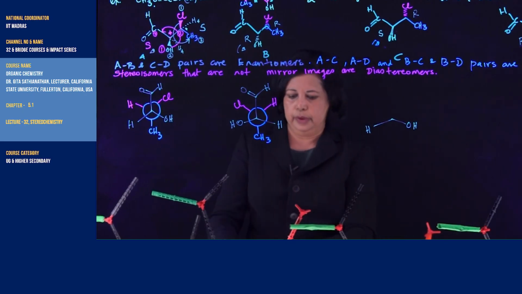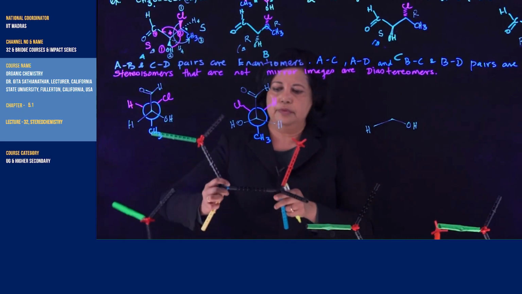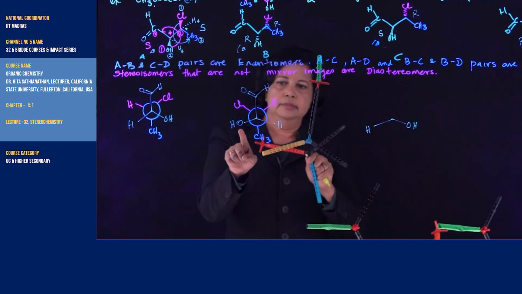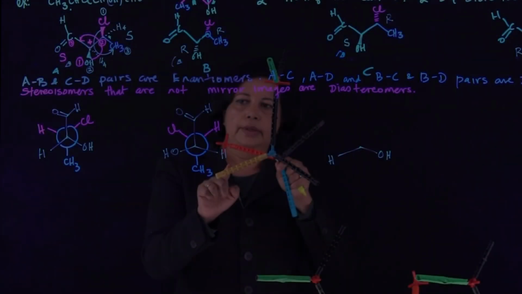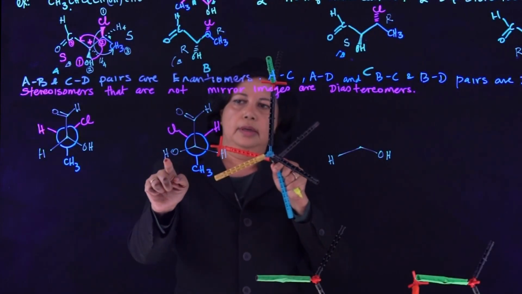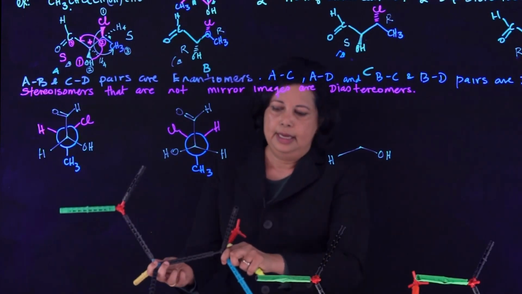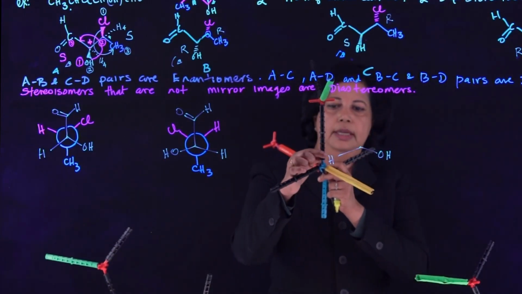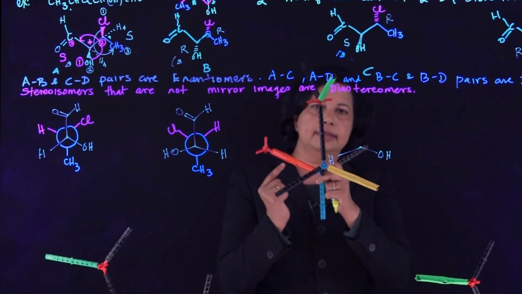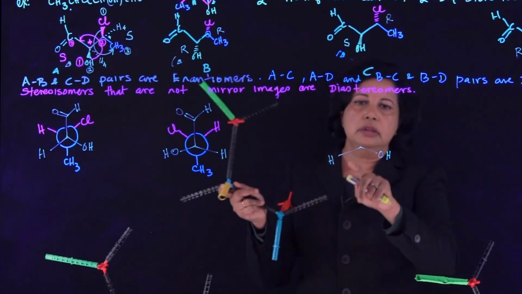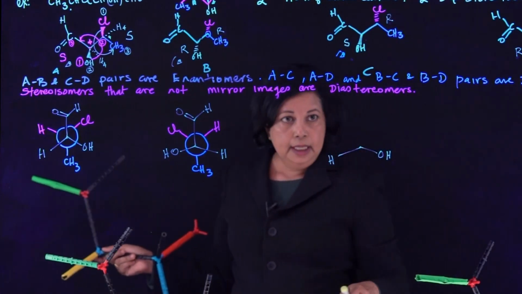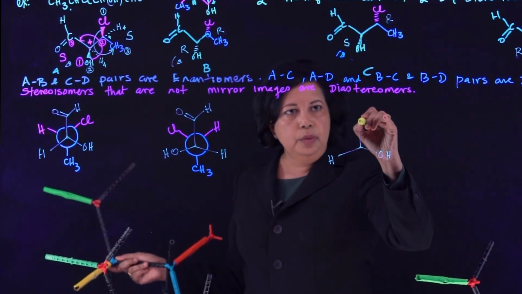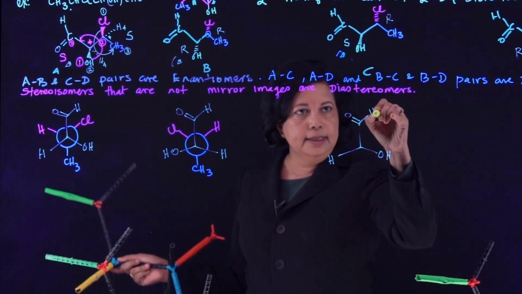So this is for this one. You can see they're both over here, and this is going to be for this one. They are on opposite sides. So if the hydroxyl is on this side, then your chlorine would be on the opposite side.